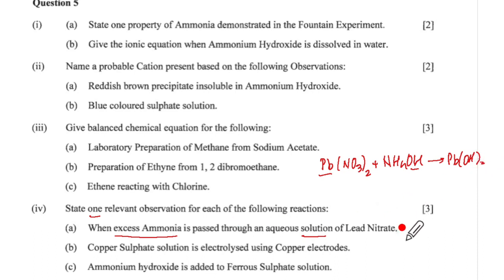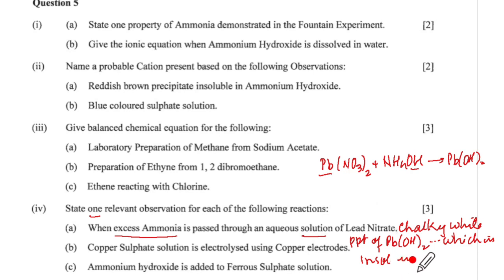So here it's going to be the observation: chalky white precipitate of Pb(OH)2 is formed, which is insoluble in excess NH4OH solution.